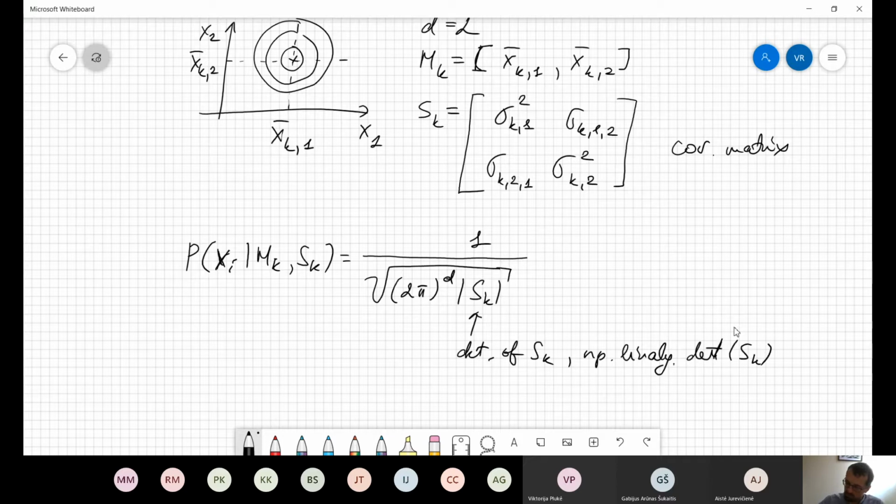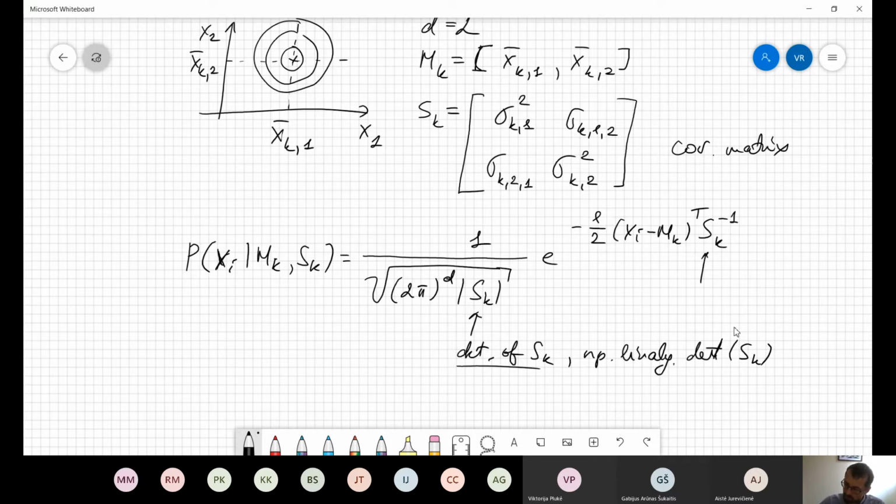Then we have e times minus half, (xi minus mk), the vector difference, transposed, multiplied by sk to the power of minus 1.